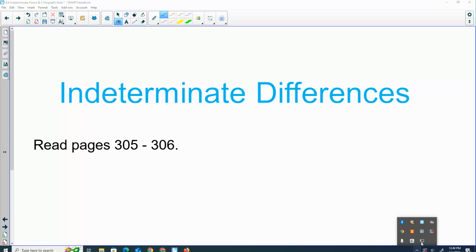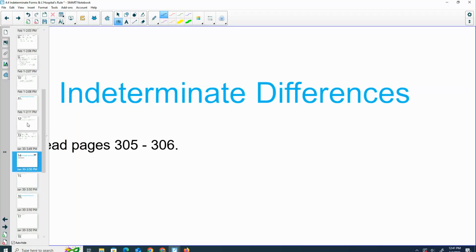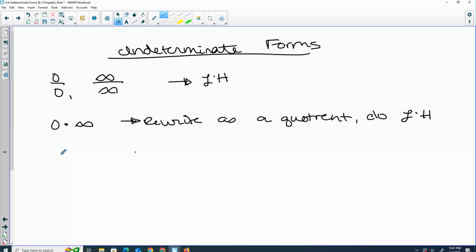So, the next indeterminate form that we have is infinity minus infinity. Now, if you add two big numbers, you know that the answer is a really big number. But if we are subtracting, we don't know. It all depends on whether one is increasing faster than the other or not.